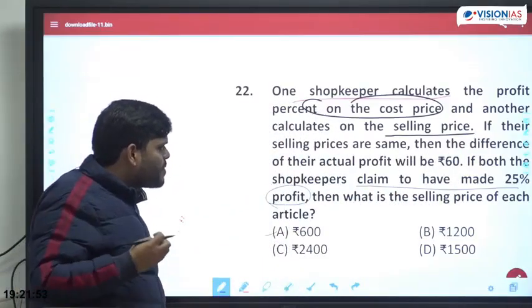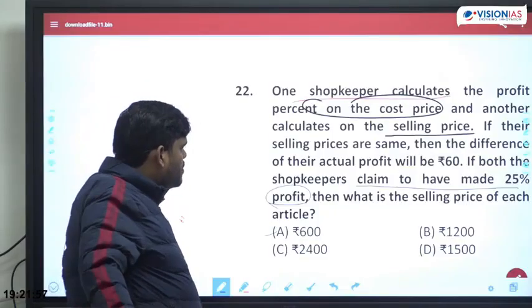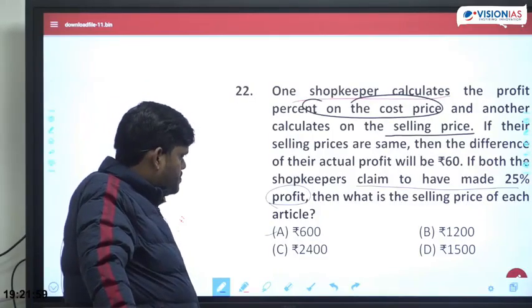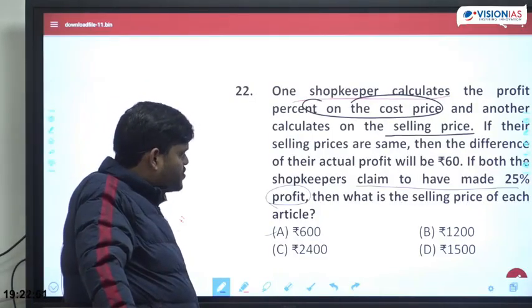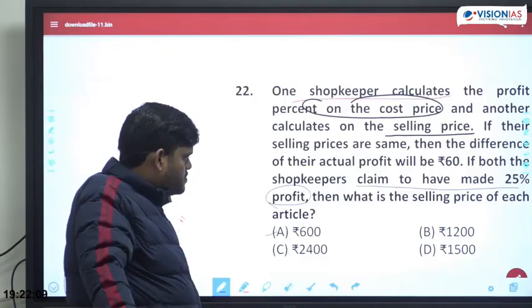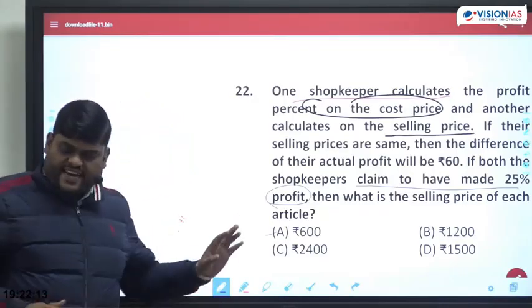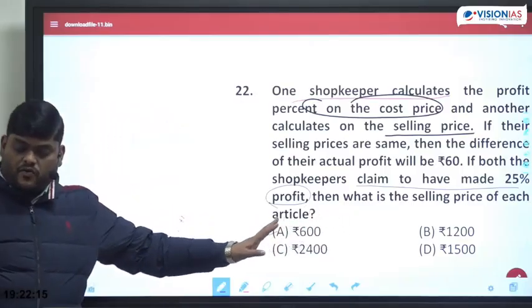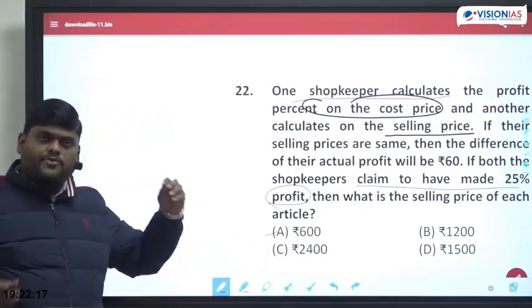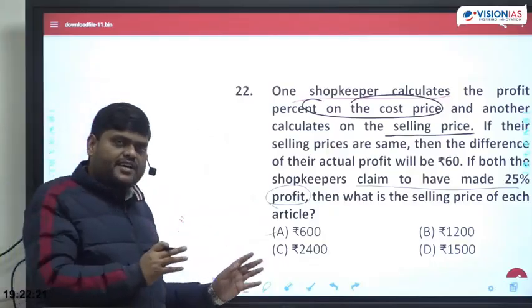If their selling prices are the same, then the difference of actual profit will be... अब देखो, when I read it the first time, I'm not able to interpret the question. ठीक है? अब मुझे पहली बार पढ़ के क्वेश्चन कनेक्ट नहीं हुआ.